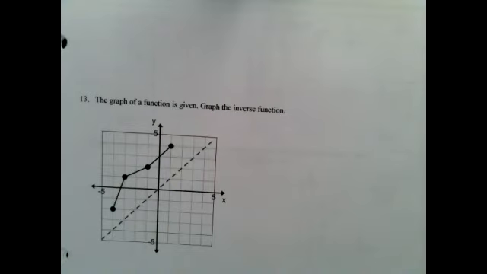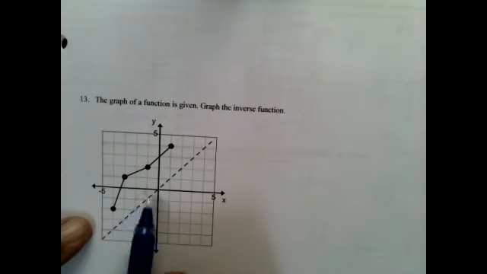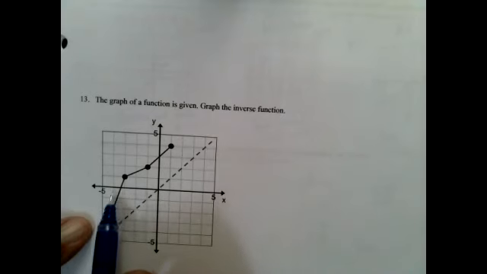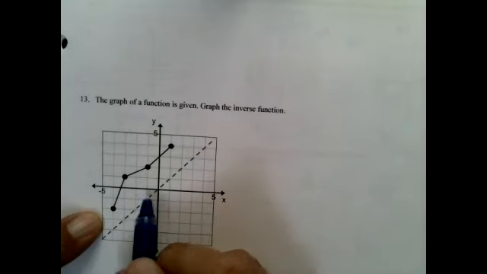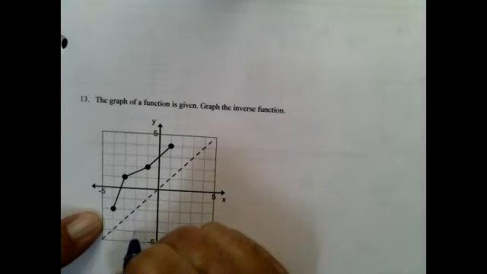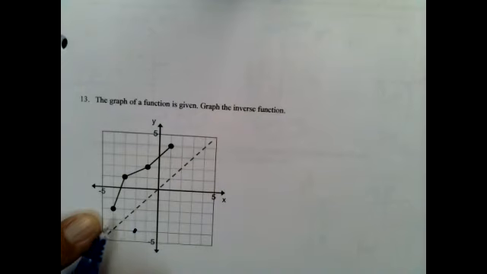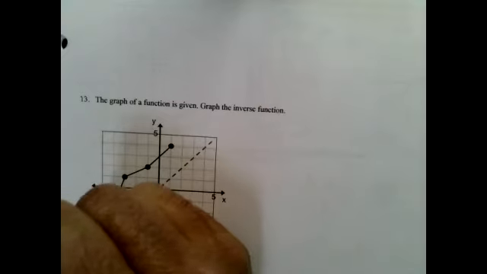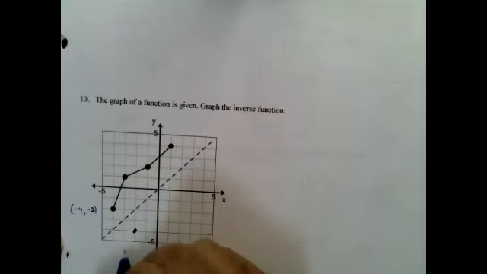What I just did on the problem before, I picked a point and switched it. So this is the point 1, 2, 3, -4, -2. So that means -2, -4. Oh yeah, I see it. I flipped it over that line. This was -4, -2. This was -2, -4.